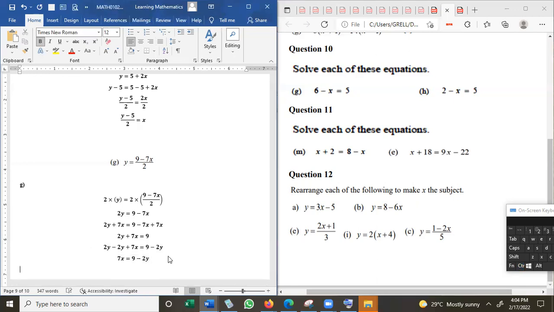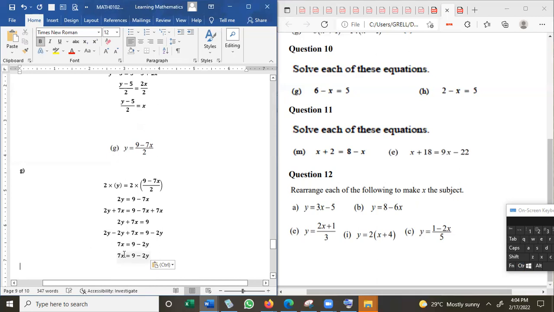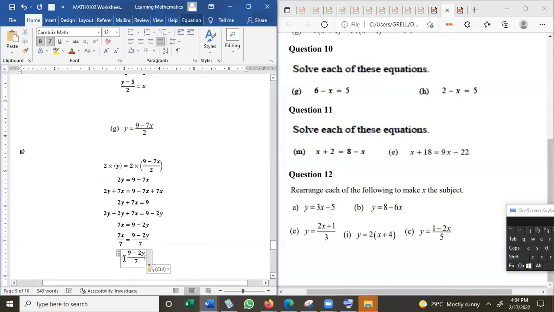So what we need to do now is divide by 7 to cancel out the 7. If we divide by 7 on the left, then we have to divide by 7 on the right. And then we have our final answer: x is equal to (9 minus 2y) over 7.